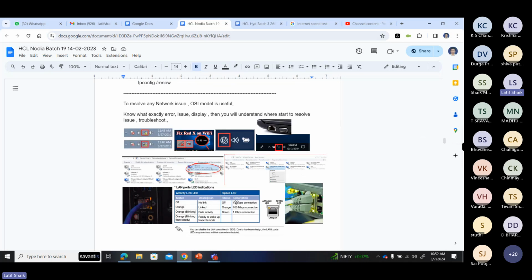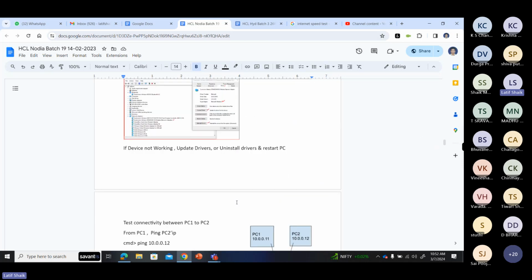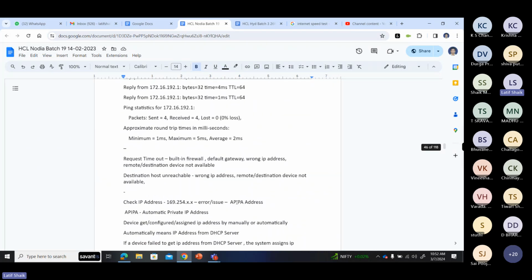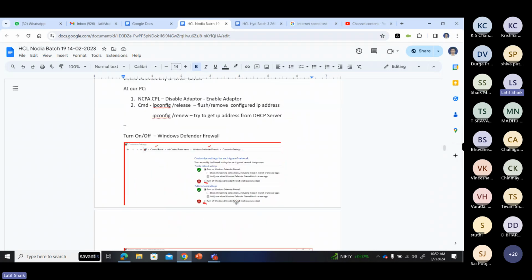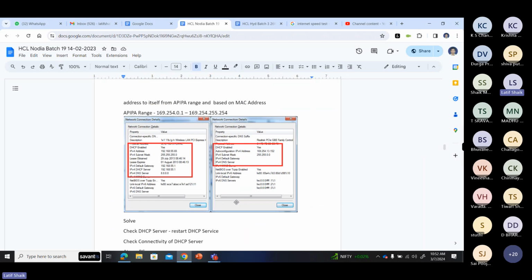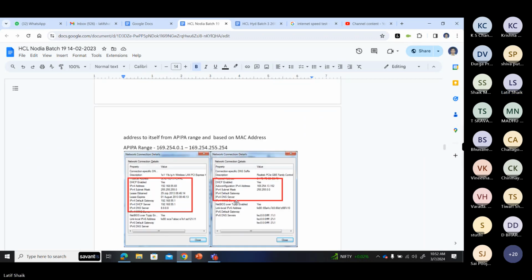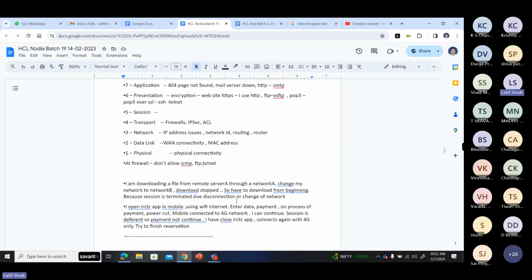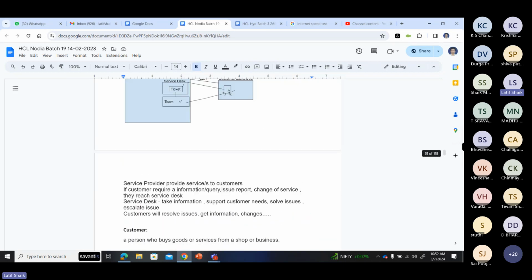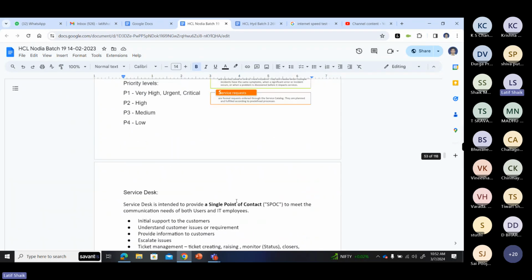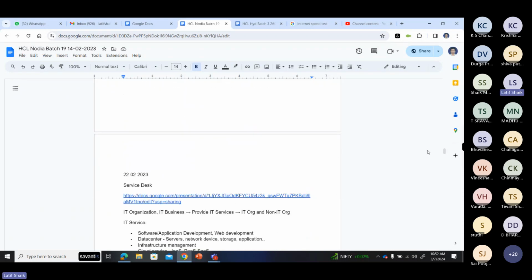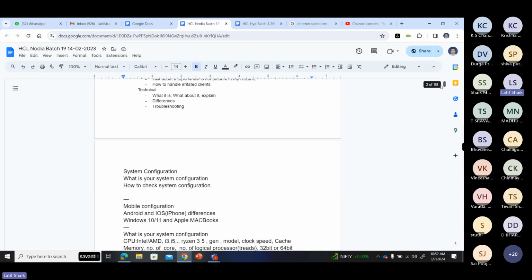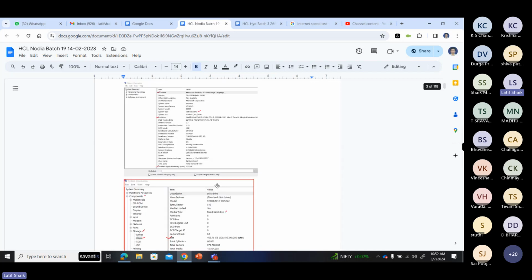Different commands we use in networking troubleshooting, and how to troubleshoot a network with the help of the OSI layers, and what other settings we make in this OSI layer. So this is the networking part.